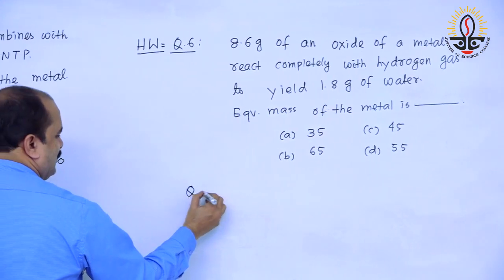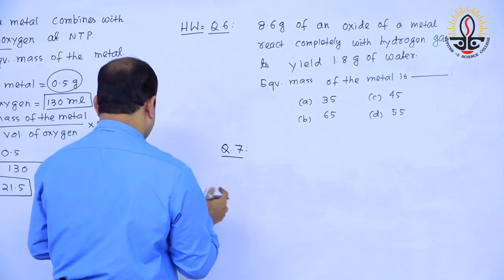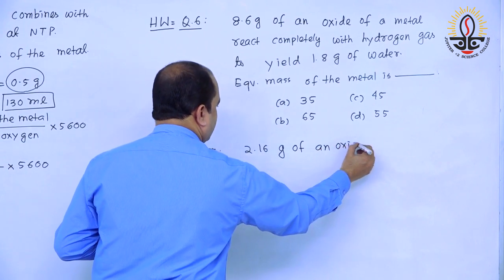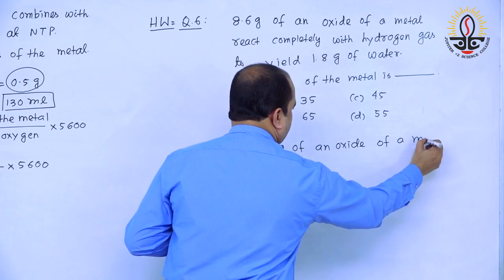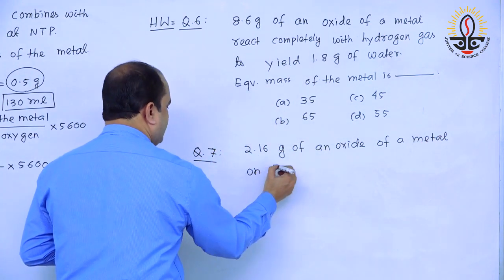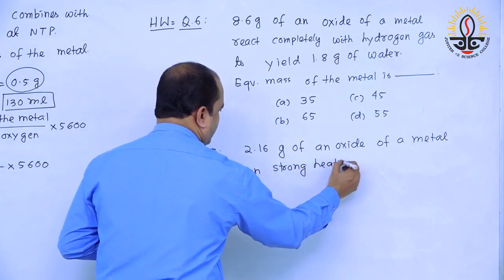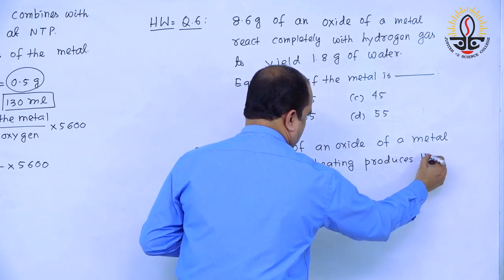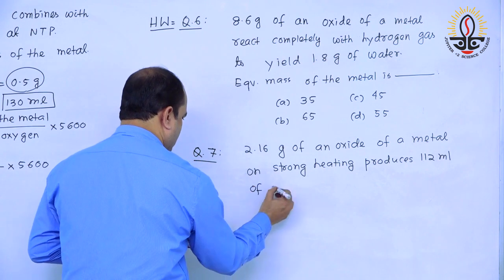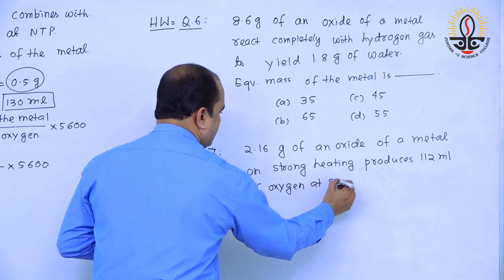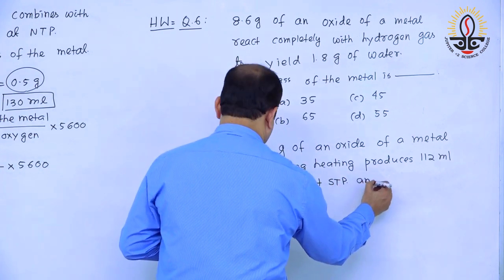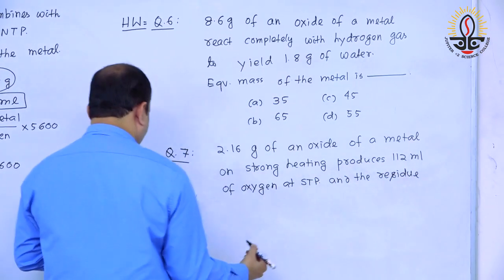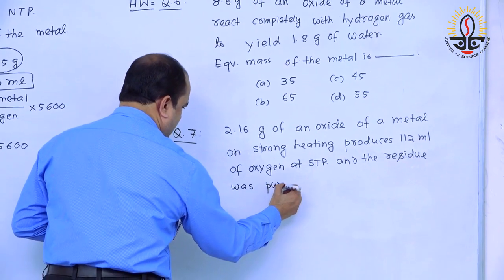Another question is question number 7: 2.16 gram of an oxide of a metal on strong heating produces 112 ml of oxygen at STP, standard temperature and pressure, and the residue was pure metal.